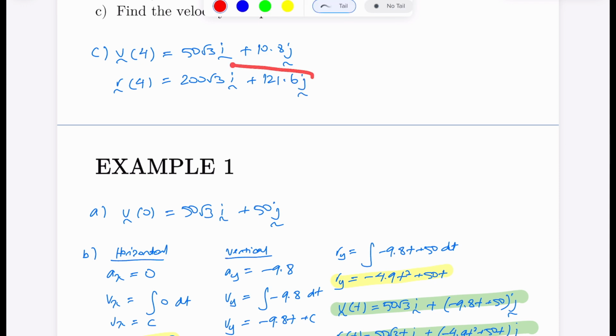So this is the displacement at 4 seconds. This is where it is along the x-axis, and this is where it is along the y-axis. So it gives me my position exactly at 4 seconds.